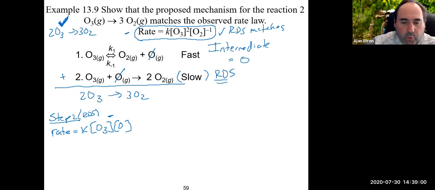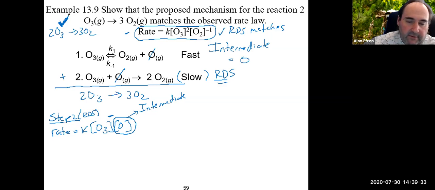And we can't directly compare the rate law that we have here to the one that was found experimentally. The main reason why is that the rate law for the elementary step contains this species, and this species, as we just mentioned, is an intermediate. Because it contains the intermediate, we have no way to directly compare the elementary step's rate law to the one that's found experimentally.